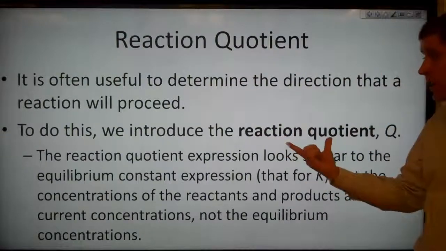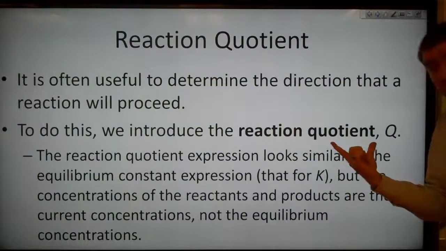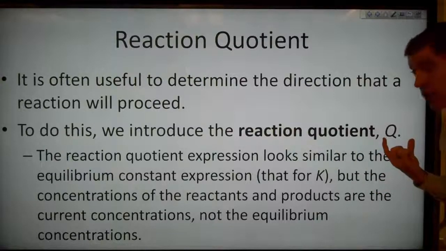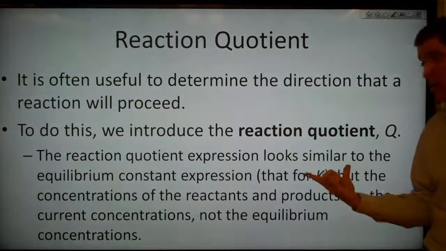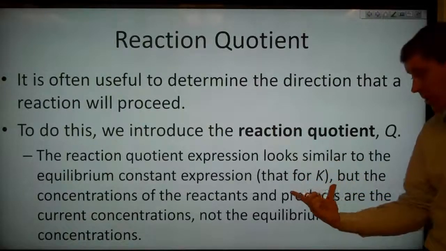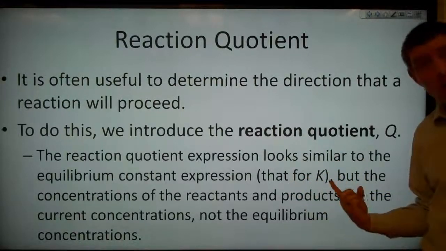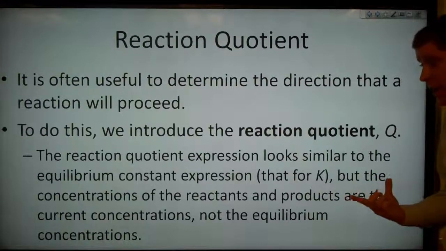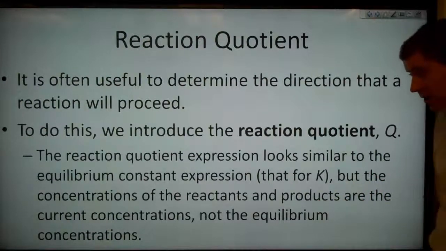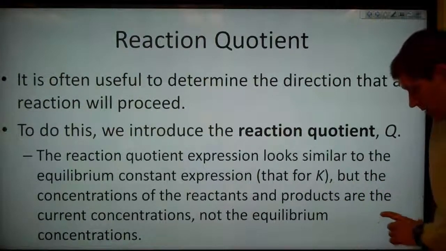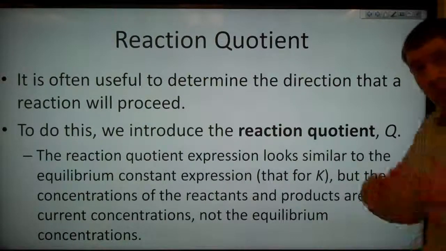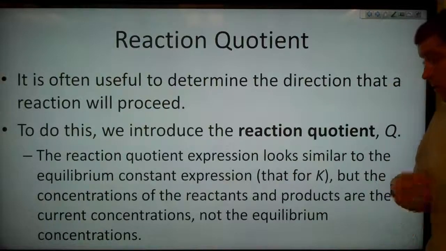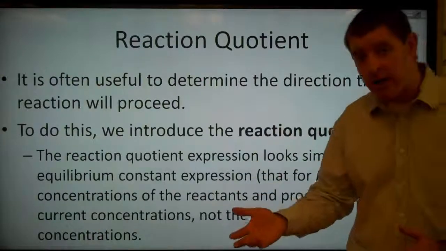So to do this, we need to introduce the concept of the reaction quotient, which we symbolize with a capital Q. So the reaction quotient expression looks similar to the equilibrium constant expression, the one for K, the uppercase K. But the concentrations of the reactants and products are the current concentrations, the concentrations that we have now, not, or at least not necessarily, the equilibrium concentrations.